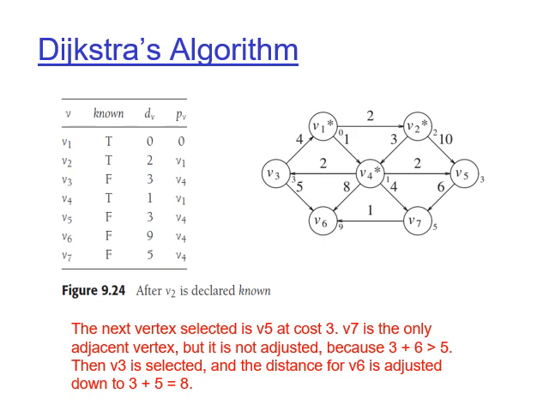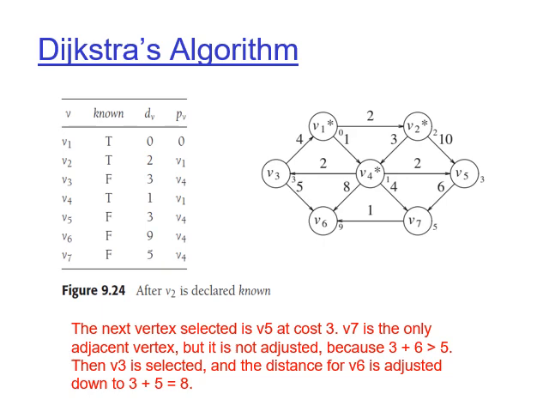Now, for V5, we can see from our adjacency list that there is only one neighbor, and that is V7. Should we adjust it? The current shortest path weight from V1 to V5 is 3. So 3 plus the edge cost from V5 to V7, which is 6, is 9.